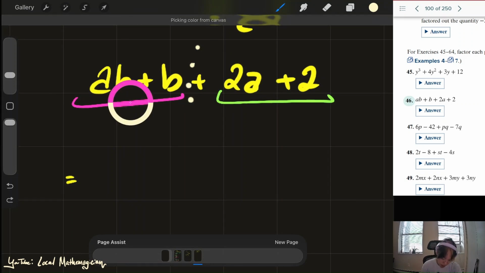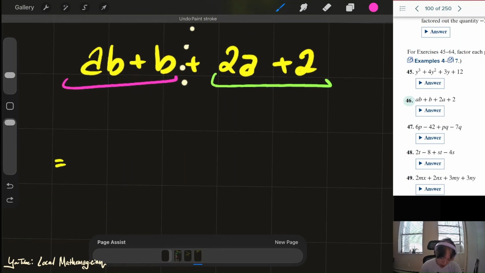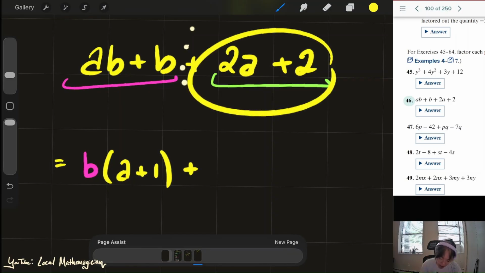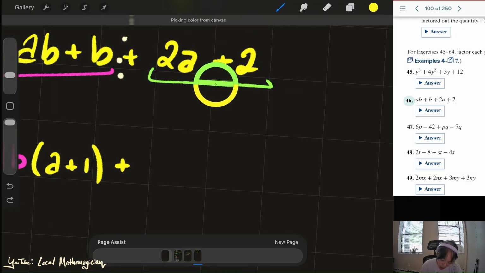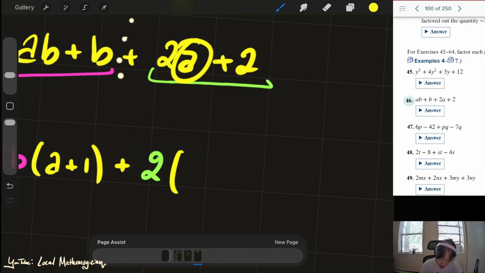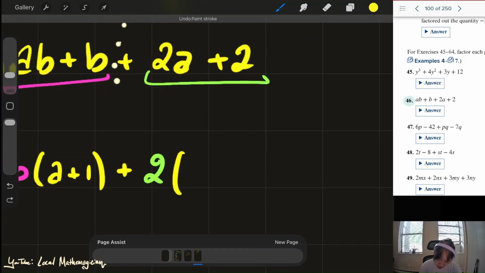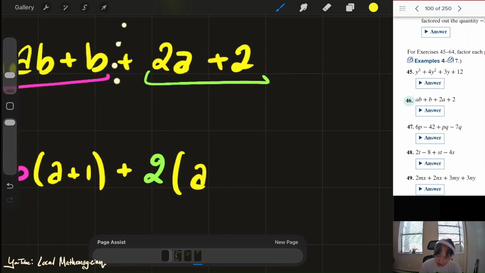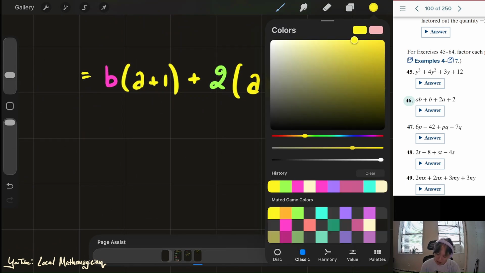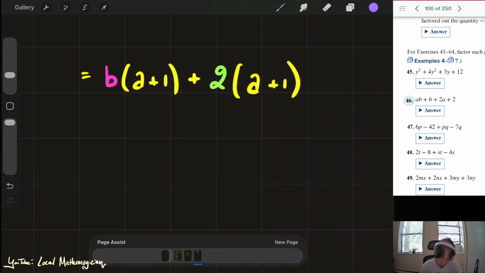Anyway, for this piece, we can factor out a b. If we factor out a b, that leaves us with a plus 1 on the inside. Plus, let's factor this guy out. What can we pull? Both have a 2, so we can say plus 2. If we pull a 2 out of here, you get a. If you pull a 2 out of here, you get plus 1. Now all of a sudden, they have these two in common, right?